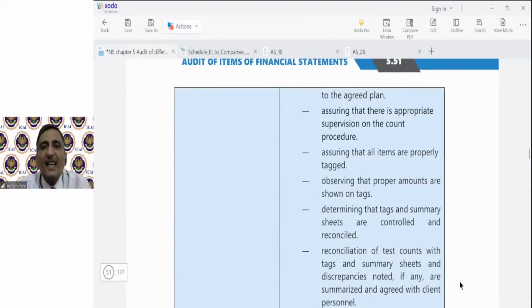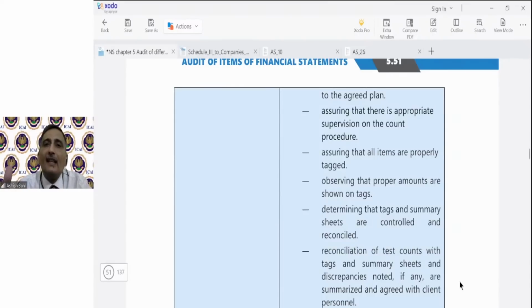What the auditor does is he attends the physical inventory count, and he sees the process which is being followed by the management in carrying out the physical inventory count, and he also makes a test count.